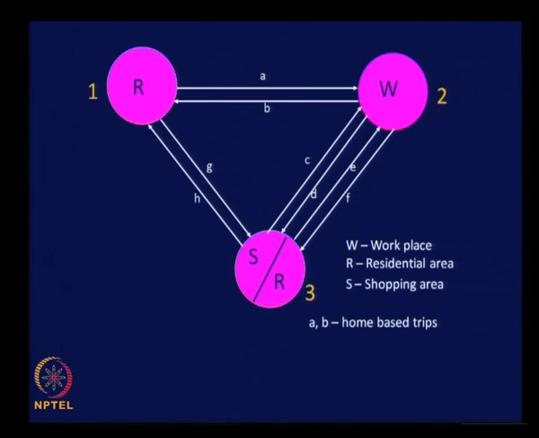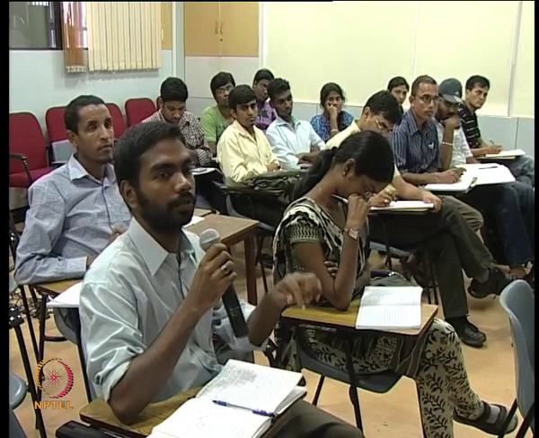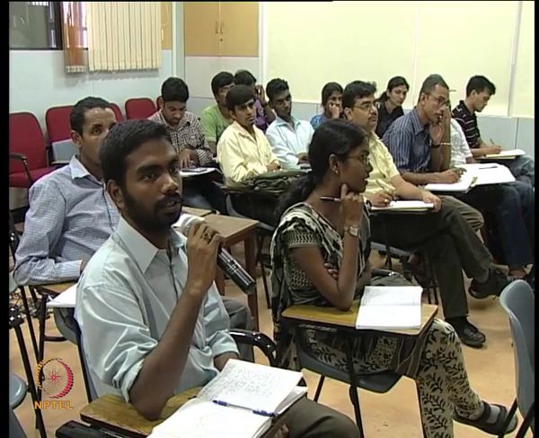How do we call the trips C and D? Any suggestion? The trips are from a workplace to a shopping place, so they should be non-home based. Both the trips are non-home based? Yes sir, both are non-home based. Why?